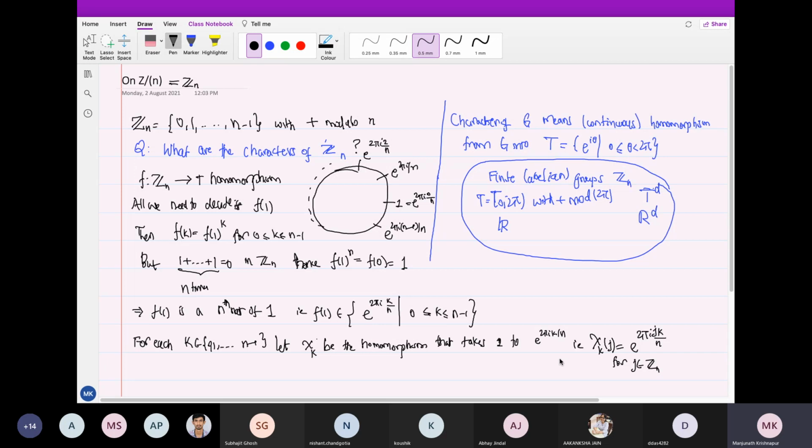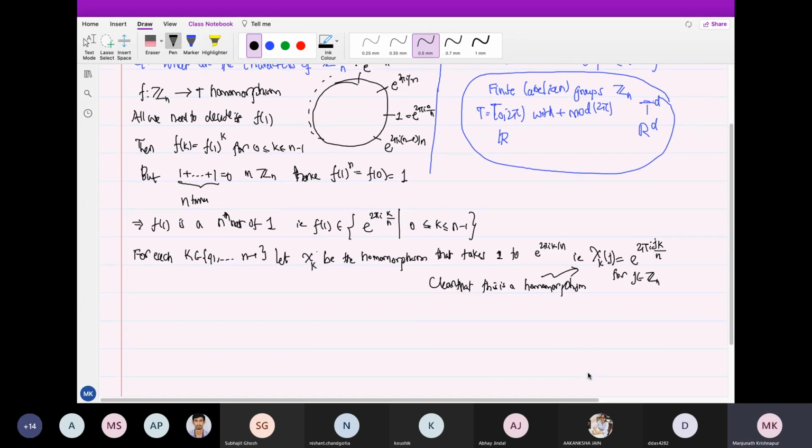So this is a homomorphism. That it is a homomorphism is clear.